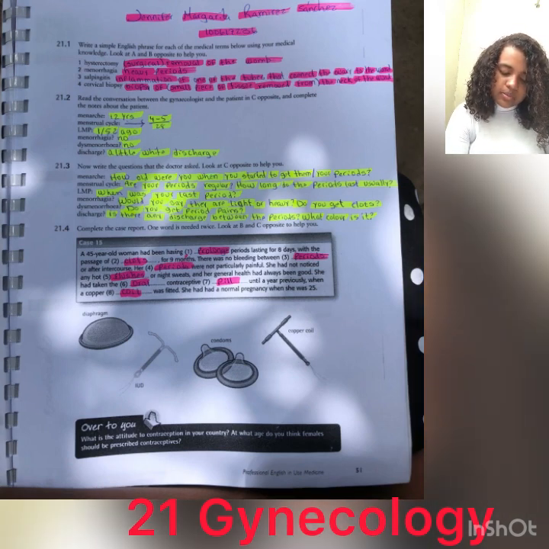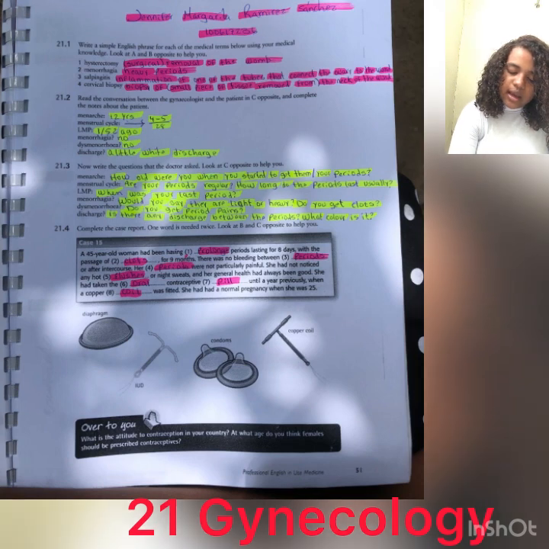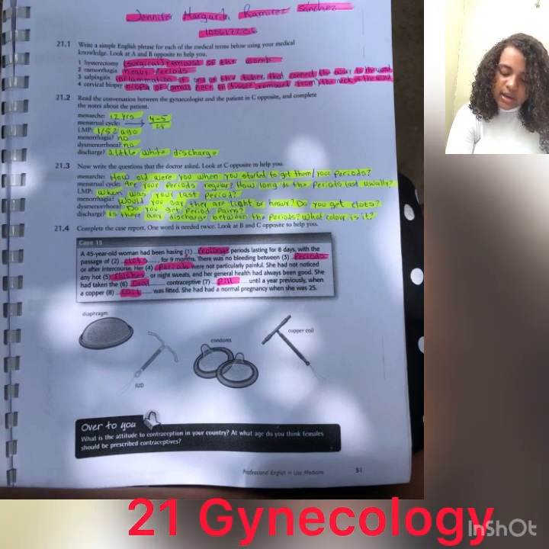Her periods were normal before. She had not noticed any hot flashes or night sweats, and her general health had always been good.